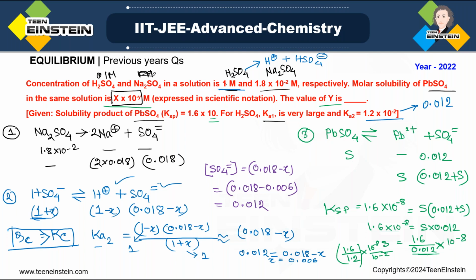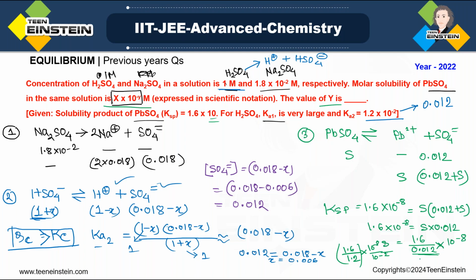So why have I changed 0.012 to 1.2? Because if you divide 1.6 by this expression, it will not be in scientific notation. In scientific notation, the part before 10 to the power minus something is always like 1 point something or 2 point something. So before the decimal it is 1.